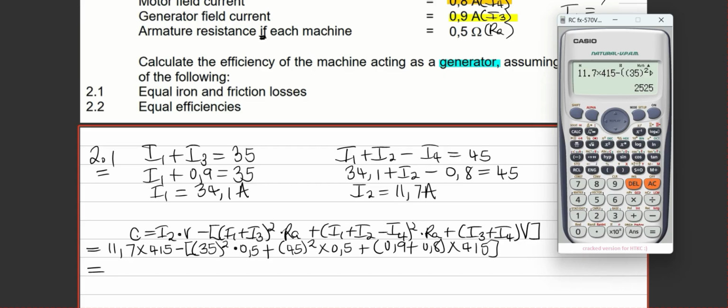I hope I won't make a mistake. I hope that's the correct answer.